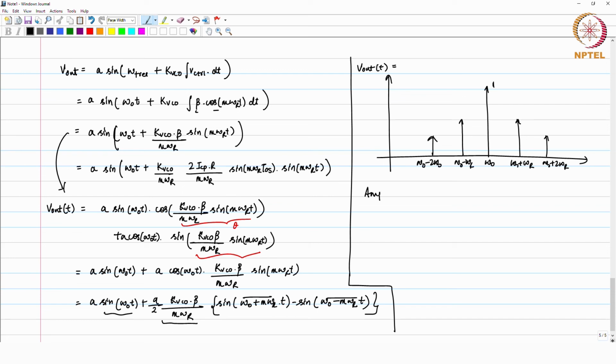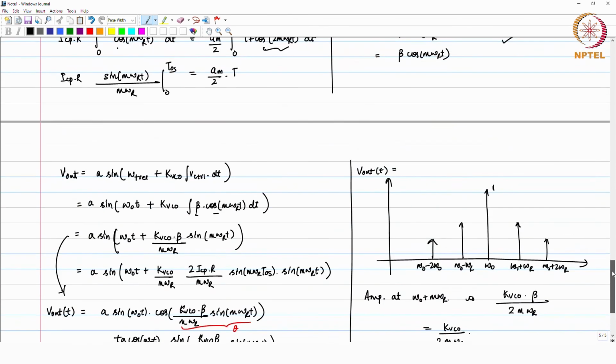So, the amplitude at omega naught plus m omega r is k VCO times beta divided by 2 m omega r, which is equal to k VCO by 2 times m omega r.